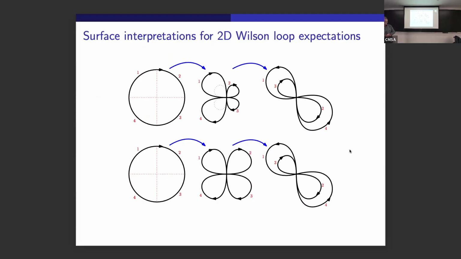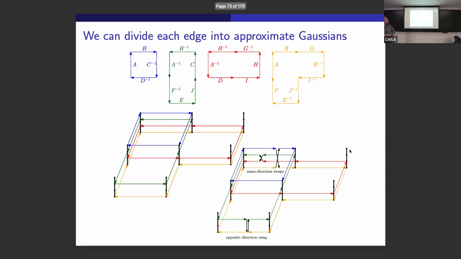One way to get started is to imagine that you have some colored collection of edges, and you imagine that every edge you divide into a million little tiny pieces, and each of those pieces is an identity plus a Gaussian times a Lie algebra element.